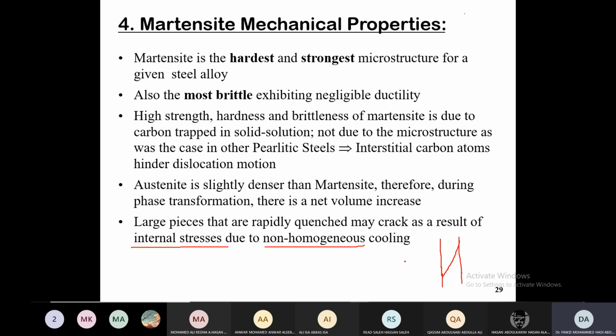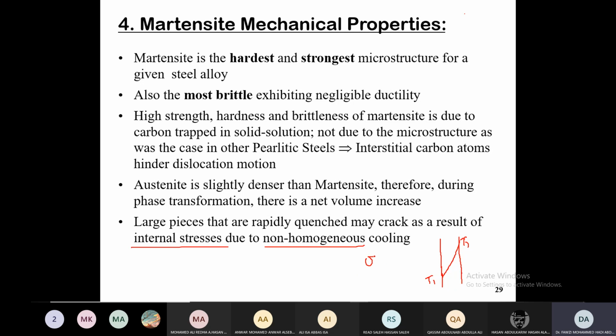When the material is solidifying, that difference in temperature between the outer side and inner side causes the development of internal stresses, which we refer to as thermal stress.